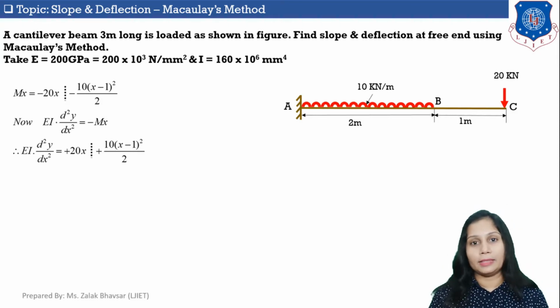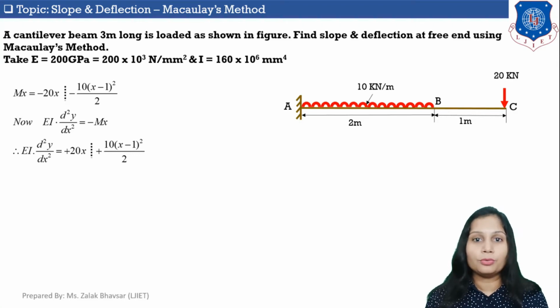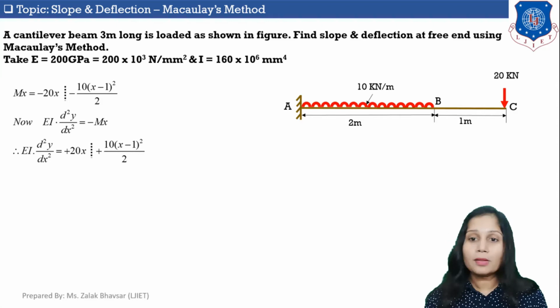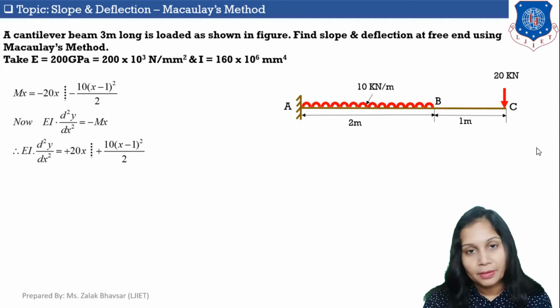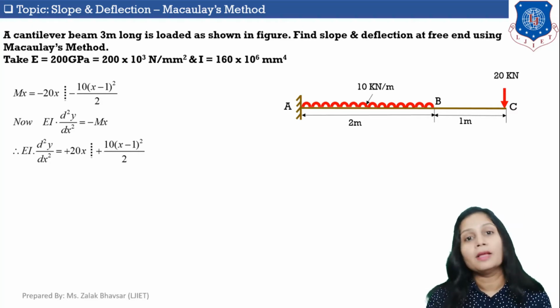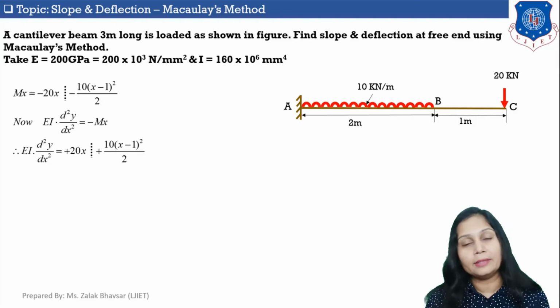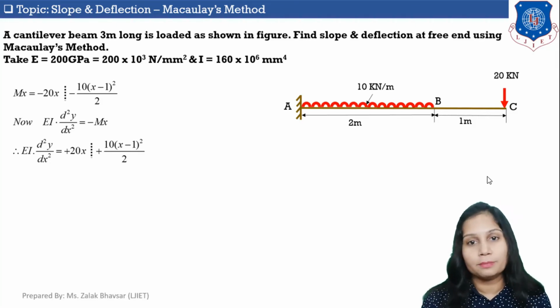And for calculating Mx, we need to divide cantilever beam into two parts. So first part is BC and second part is AB. And we need to take section in each part of the beam and calculate moment in each part. So let's start with first part, that is BC.